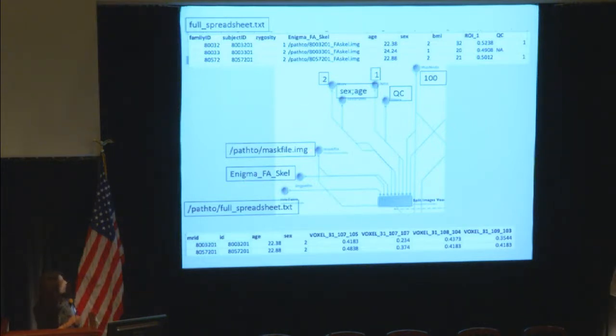If your only covariates of interest are sex and age, then it will include that from whatever spreadsheet you used, and it will create this phenotype file where it has your subject ID, your covariates, and information for every voxel. And every instance you call of this pipeline will loop through all the different voxels.